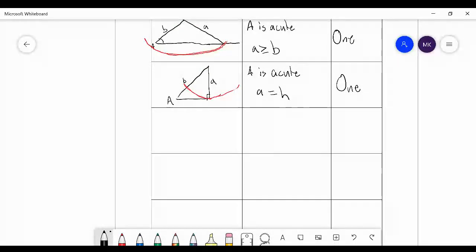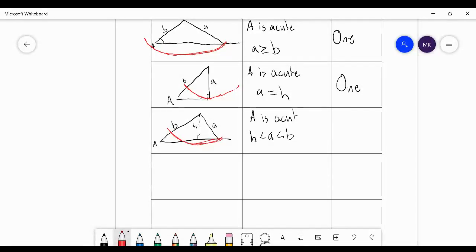Now our next case is if A is acute and A is greater than our height, but less than side B. In this case, if we swing this side, we actually end up with two possible triangles.